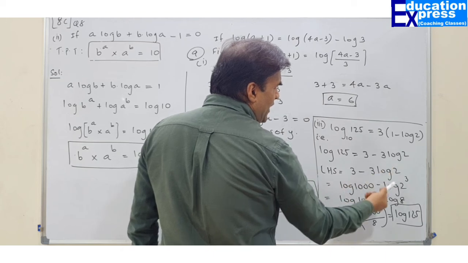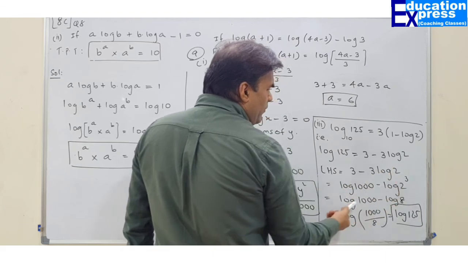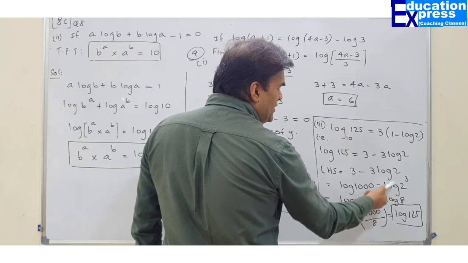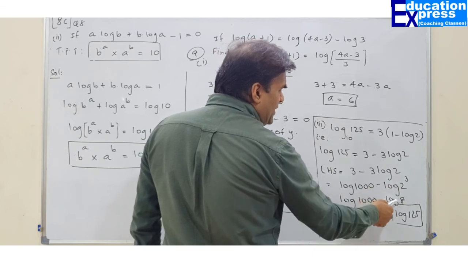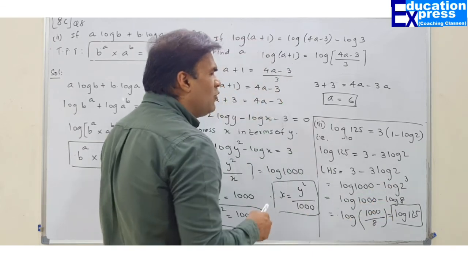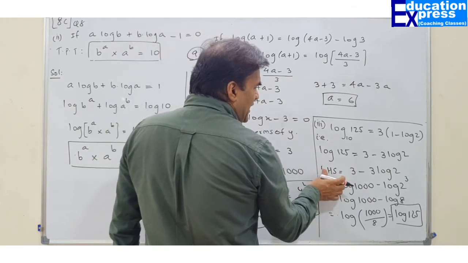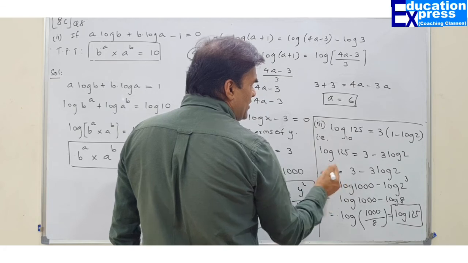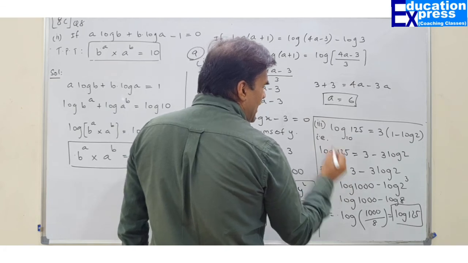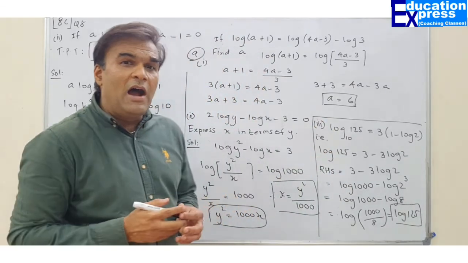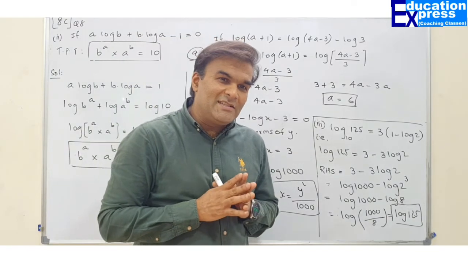This 3 I am shifting it up, so log 2 cube. Log of 1000 minus log of 8. Log A minus log B, and automatically you will get to know what is the answer. My dear friend, this was such a simple thing except for the fact that instead of writing LHS, I should have written RHS. So we got RHS equals to LHS.